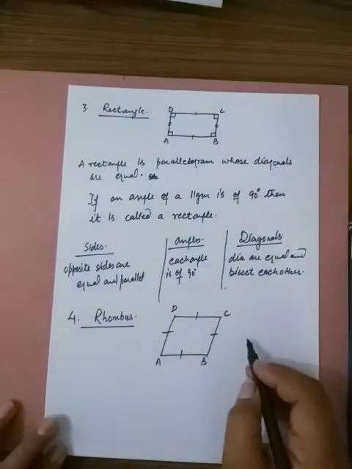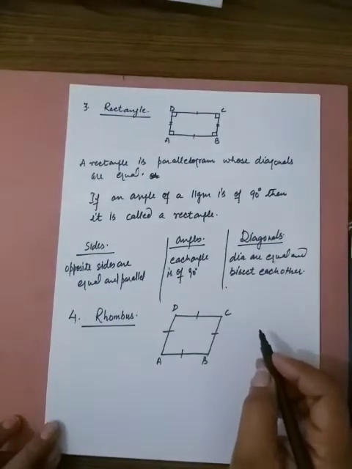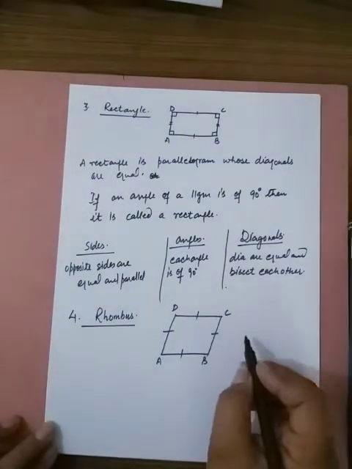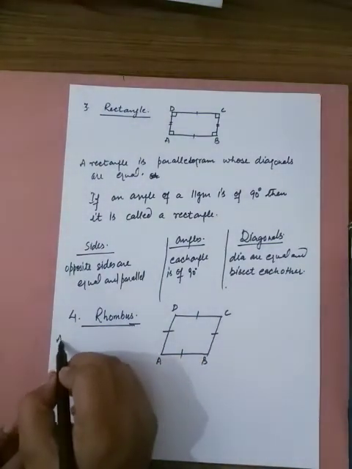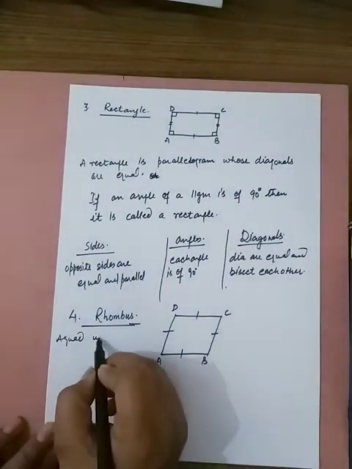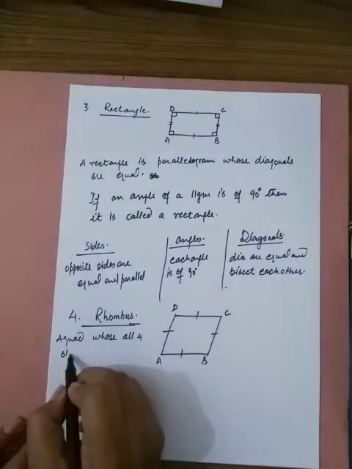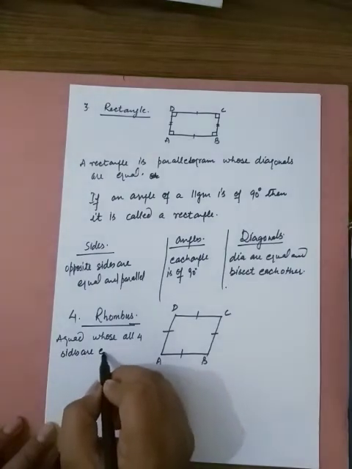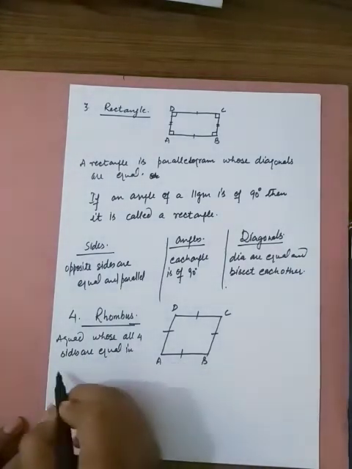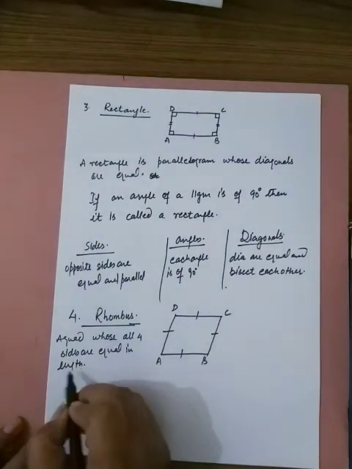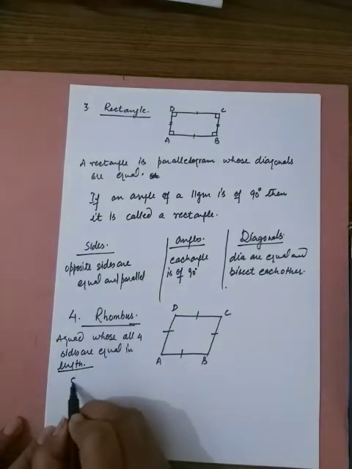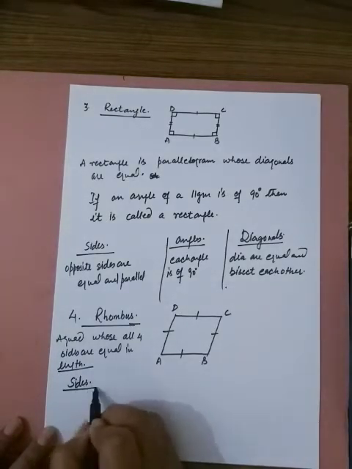And what are the properties of a rhombus? Let us write down its definition first of all. A quadrilateral whose all four sides are equal in length. And what is the property about its sides?